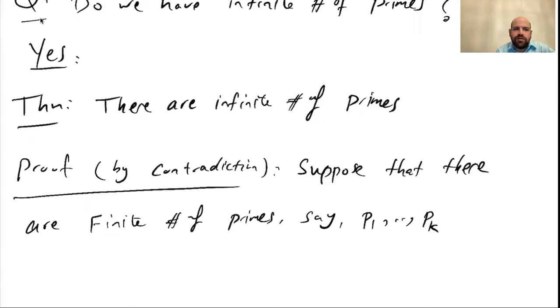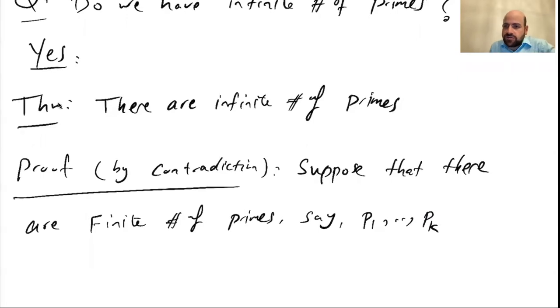Now, I want to reach a contradiction, of course. And to do that, I want to construct a number which is not divisible by any of the primes. Because by the fundamental theorem of arithmetic, we know that every number can be factorized into primes.